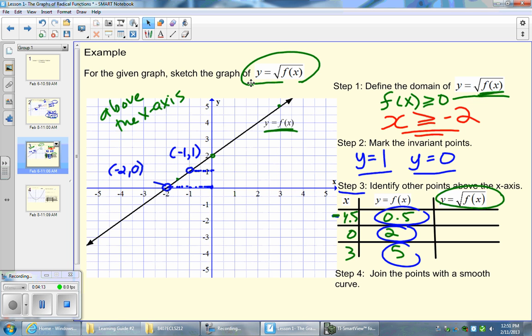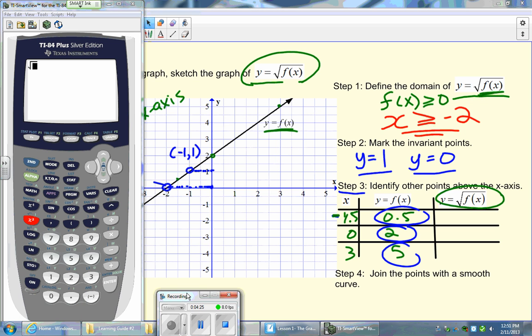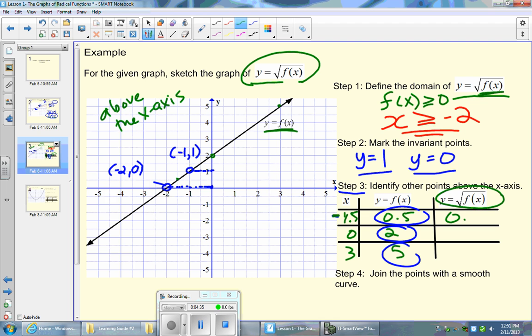So let's find the square root of each of these numbers. So pull up your calculator. And if we're going to round to the nearest 10th here, let's go square root of 0.5. Okay, and we're going to get an approximate value of 0.7. So that's going to be 1 point on the radical function graph.